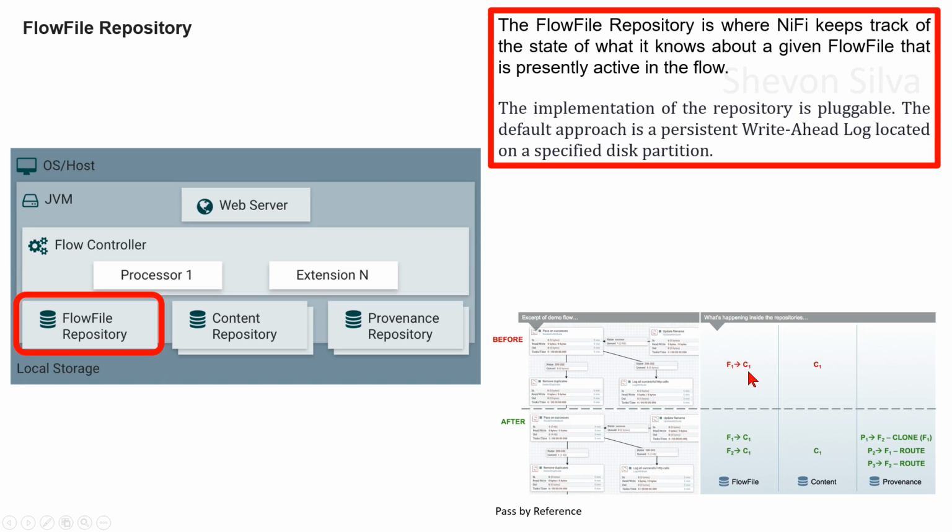There is a provenance event that points to C1 and includes a snapshot of F1 but is omitted to better focus on the routing. This information is located in the flowfile, content and provenance repos respectively.